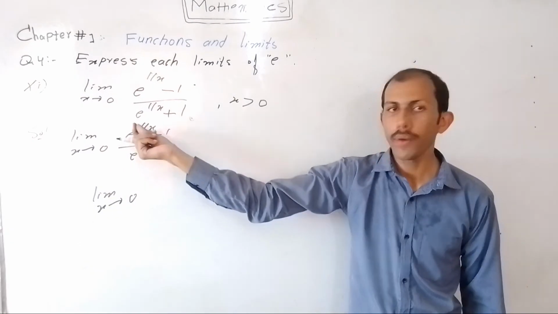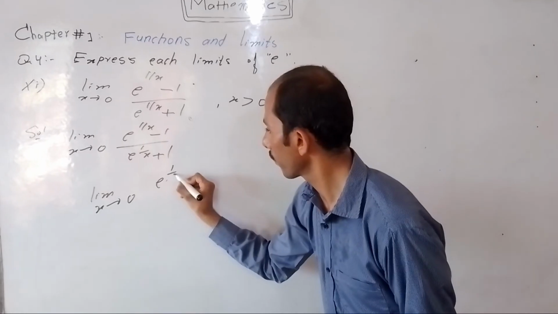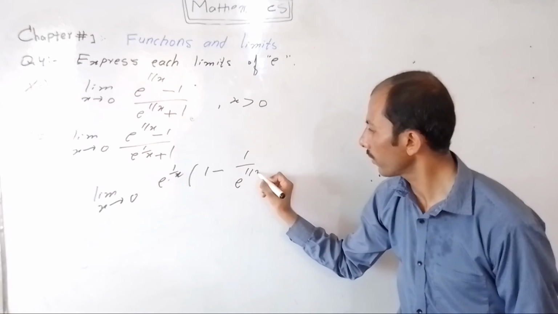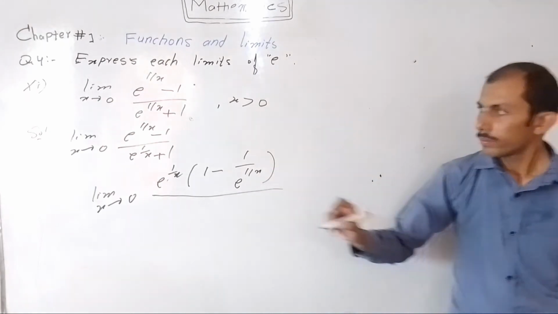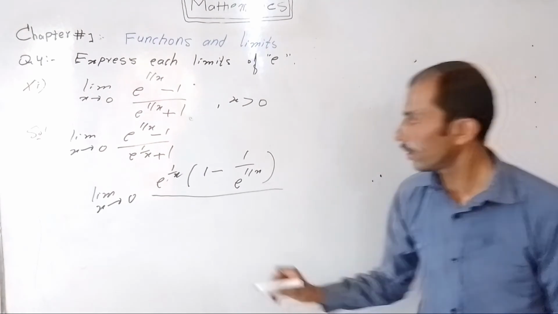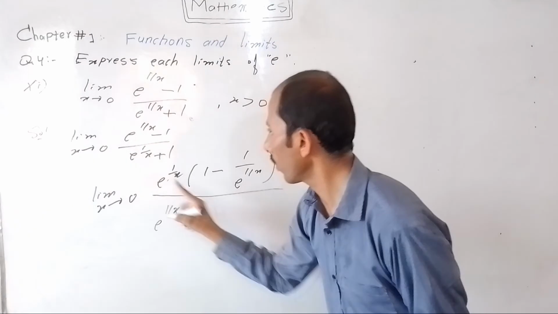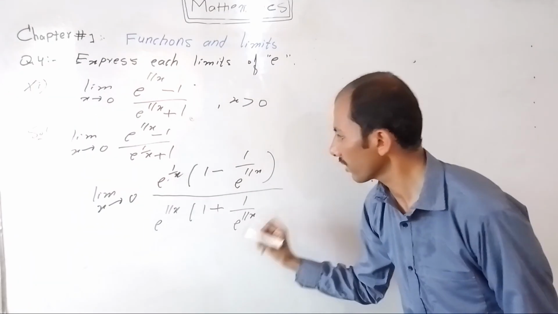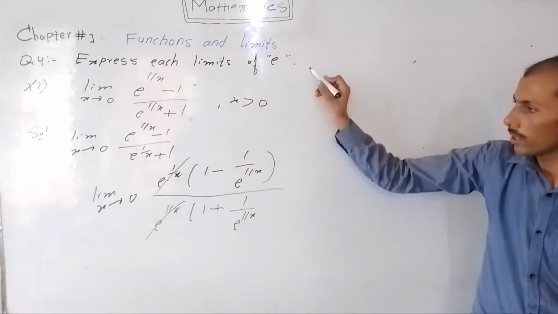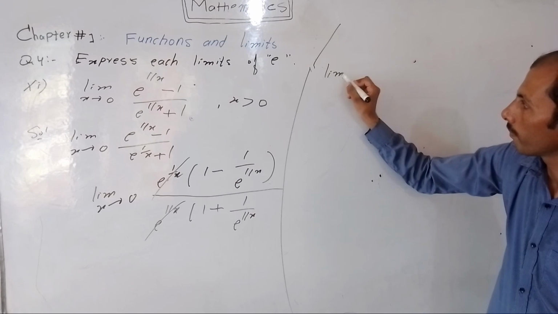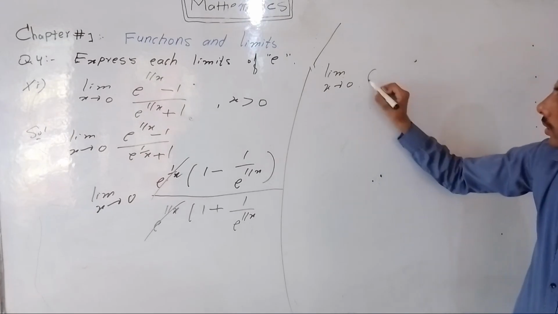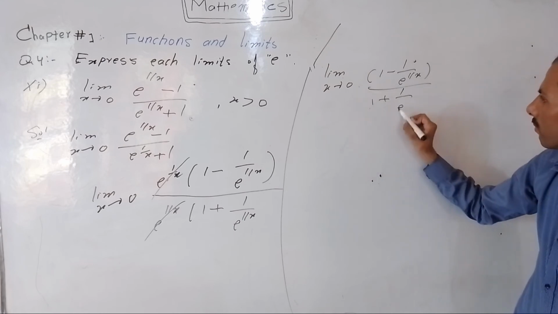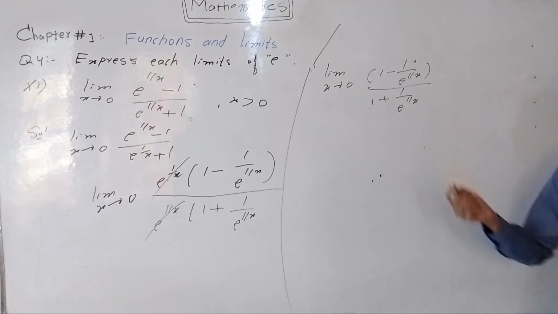So limit, take common e power 1 divide x, so 1 minus 1 divided by e power 1 divide x, numerator take common e power 1 divide x, so 1 plus 1 divided by e power 1 divide x, e power 1 divide x cancel, so limit x approaches to 0 of 1 minus 1 divide e power 1 divide x divided by 1 plus 1 divide e power 1 divide x.